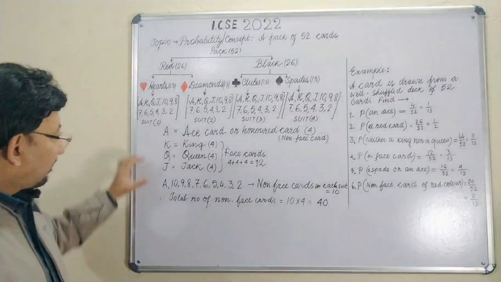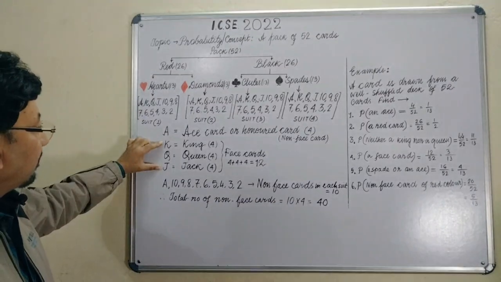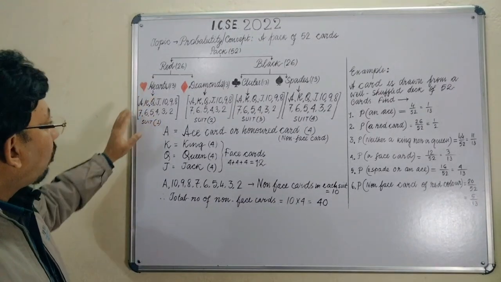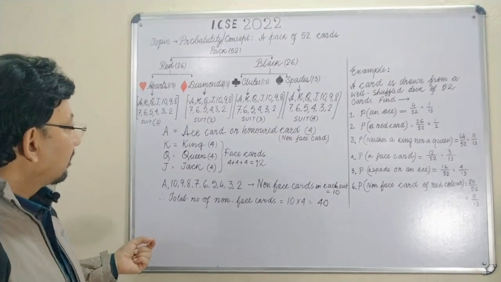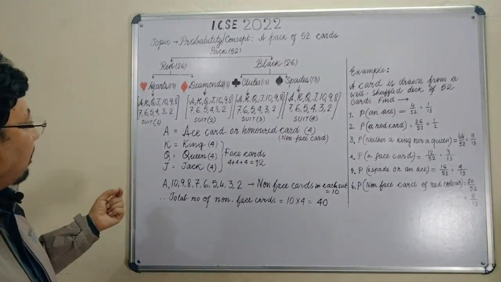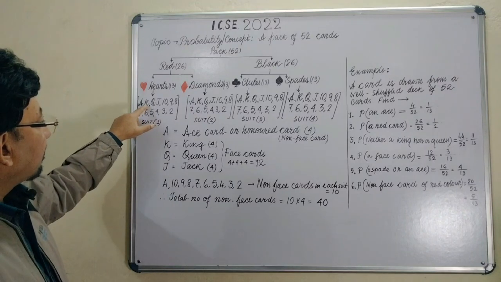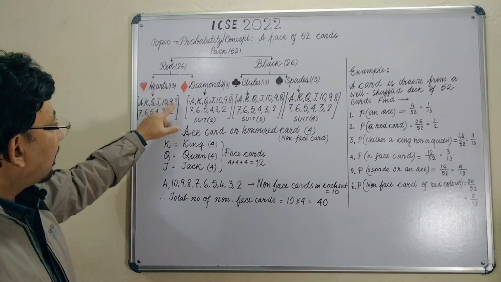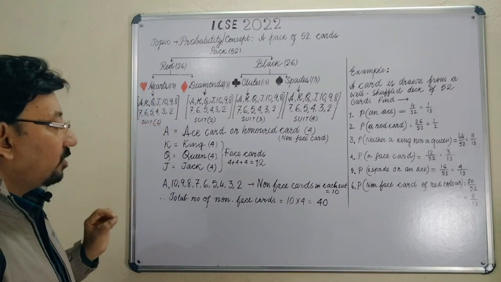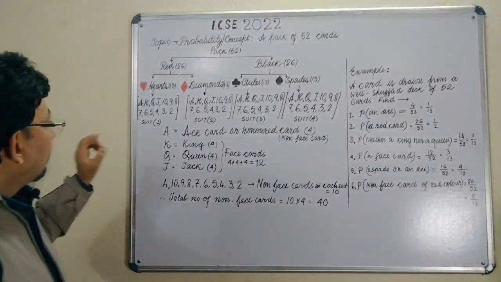Now, excepting these face cards in a suit, all the other cards are called non-face cards. Excepting K, Q, J, all the other cards in a suit are called non-face cards.